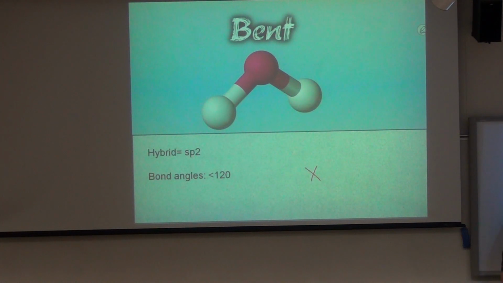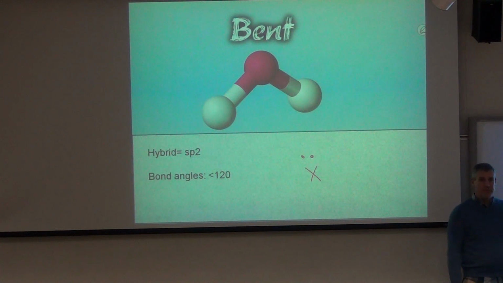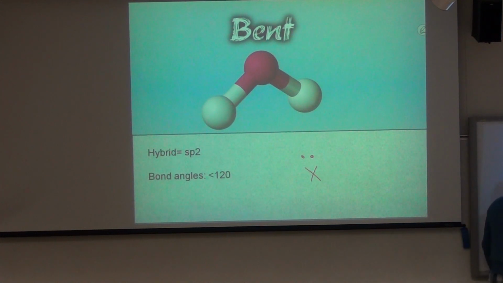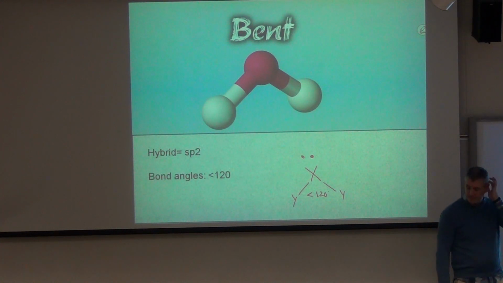Sketch, not very difficult for this guy. I typically put my lone pair on the top, but you don't have to. And you're going to have your other two, this angle is just going to be a little bit less than 120 degrees.